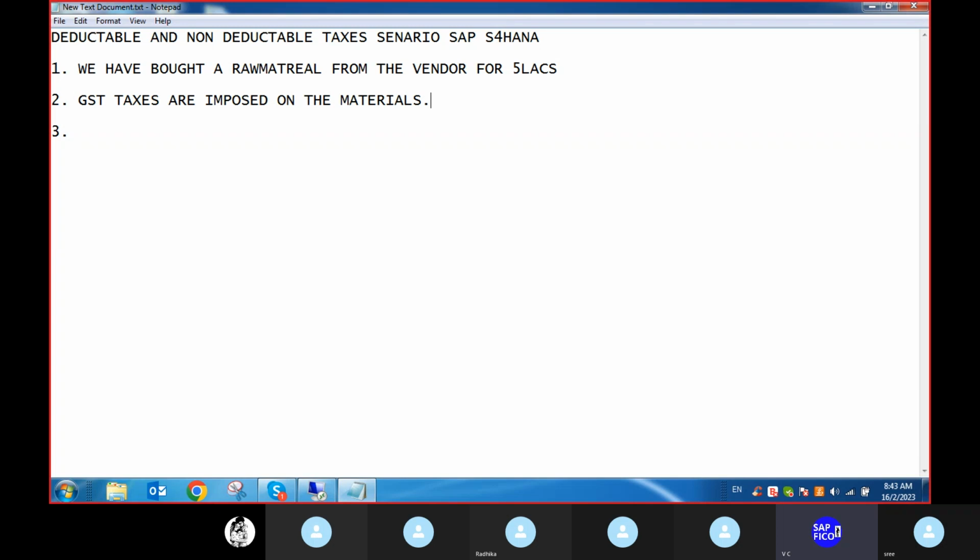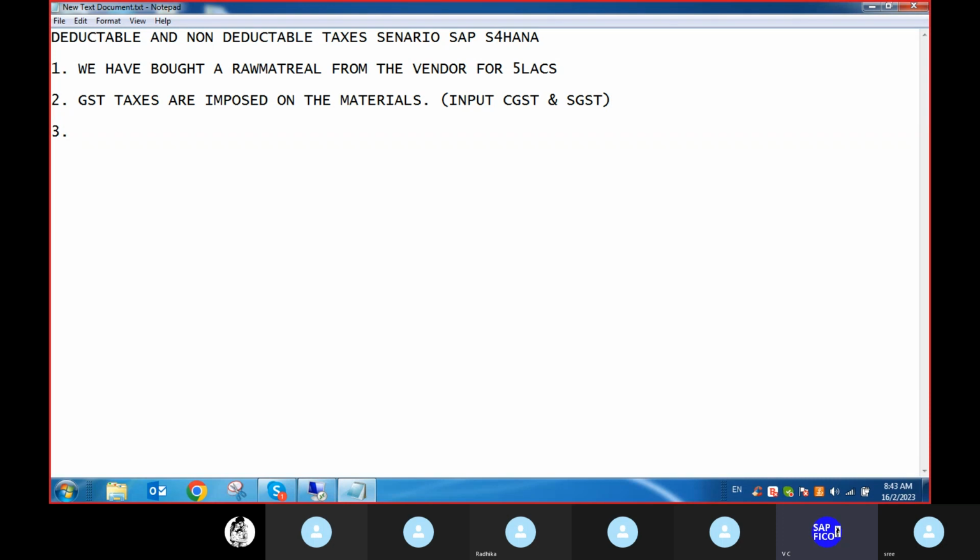Input CGST and input SGST when it comes to the vendor. You can just write down in brackets: input CGST and input SGST.